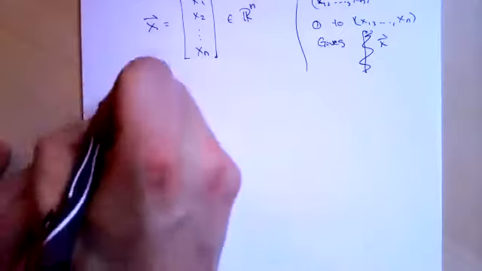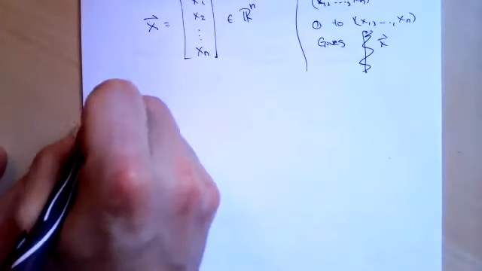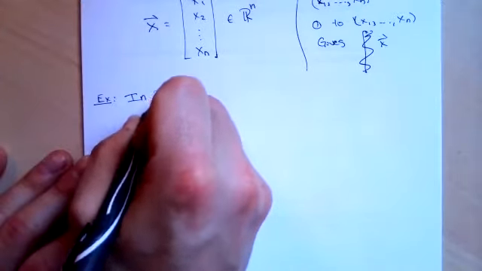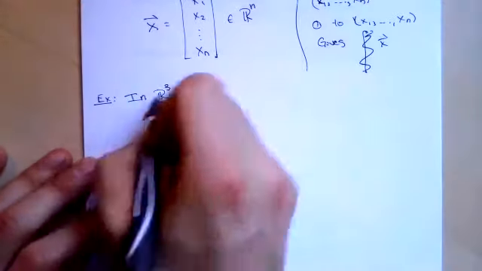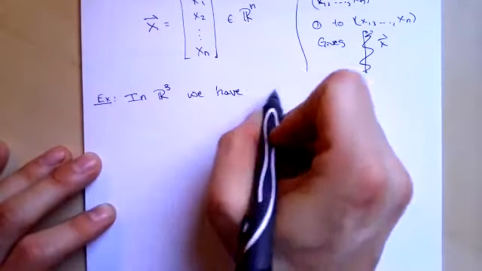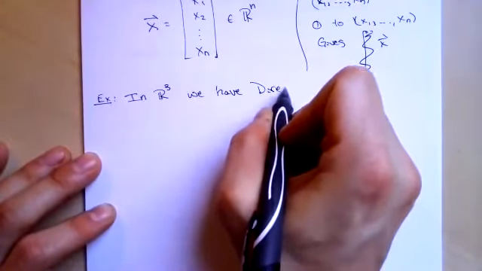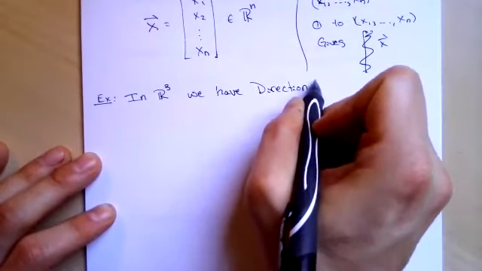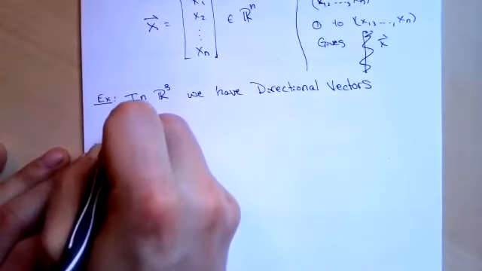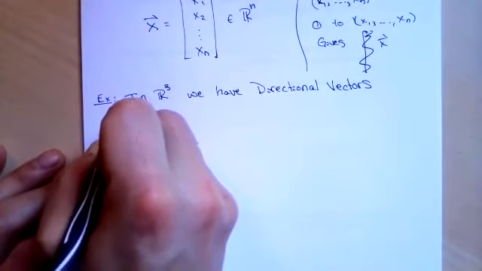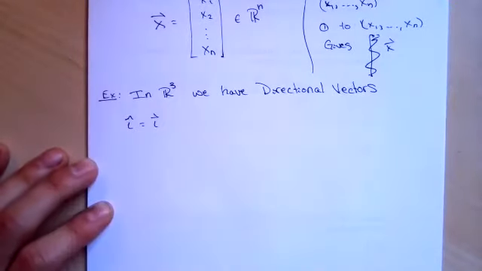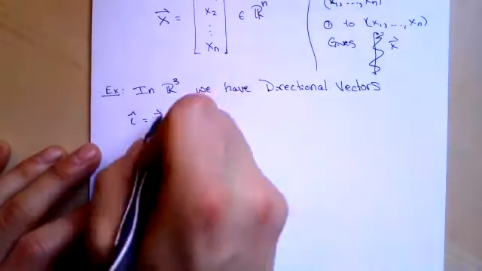Some examples of things we've seen in R3: we have directional vectors. Our i, sometimes it's drawn with a hat, our book draws it with the arrow.